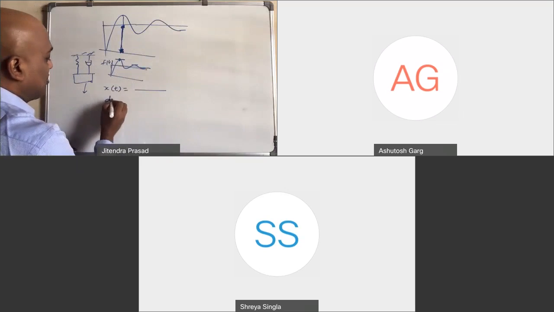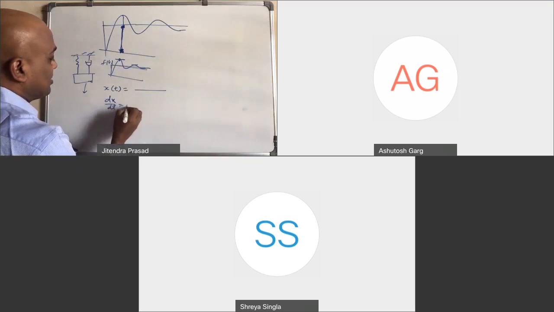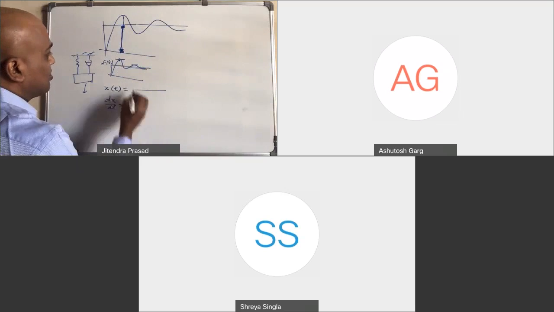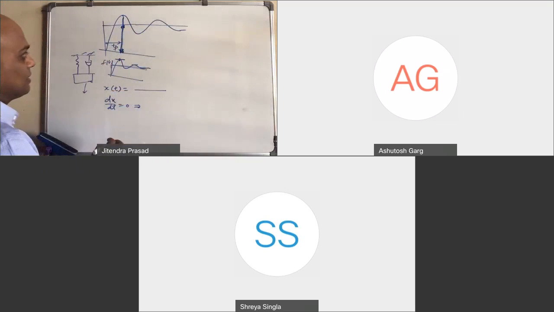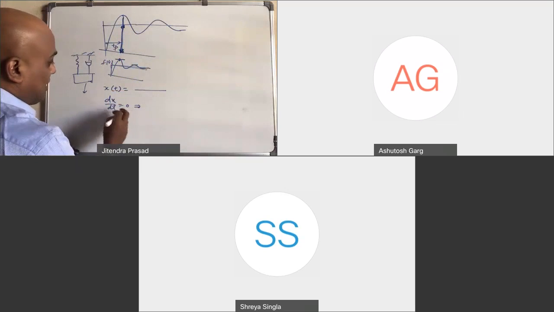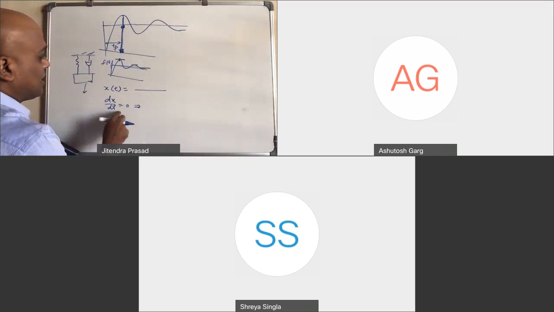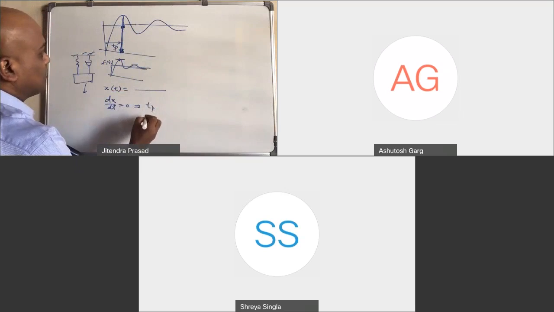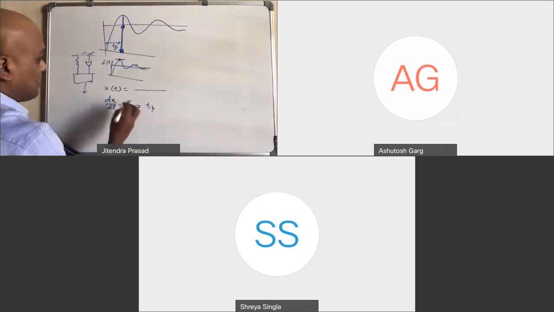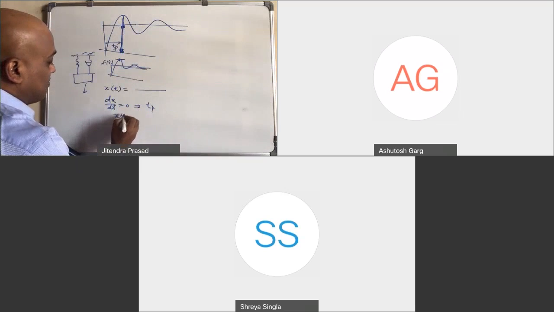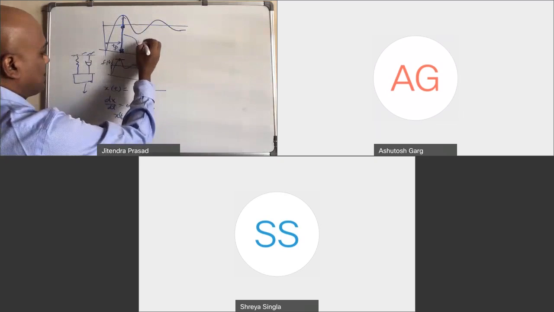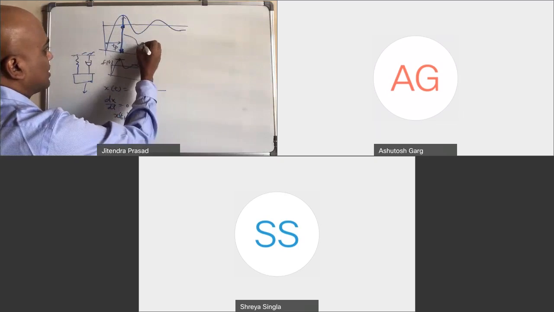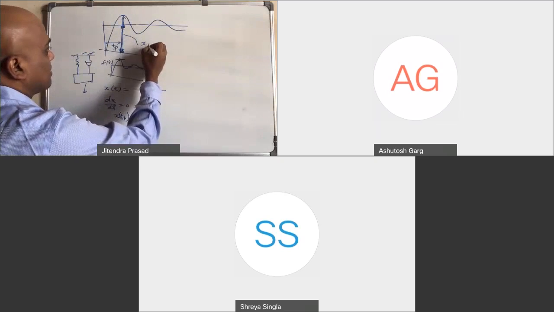So you make dx over dt equal to 0, and this will give you the peak time. This is what we call peak time. You solve for t here, you will get the peak time, and then x(t_p) is going to give you the peak, x peak.